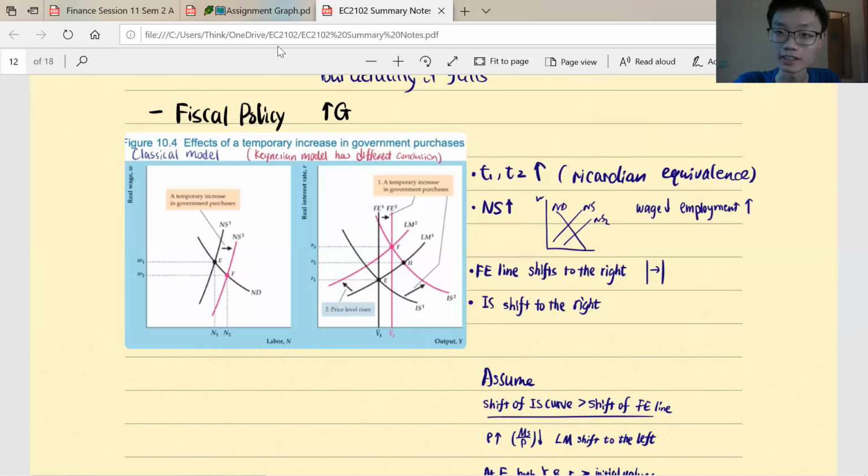From NS to NS2, while maintaining the labor demand unchanged, because demand is on the business side. Business, currently we do not assume it changes.